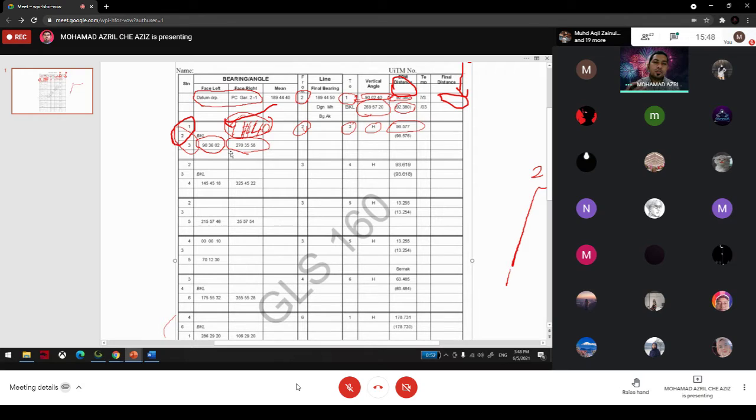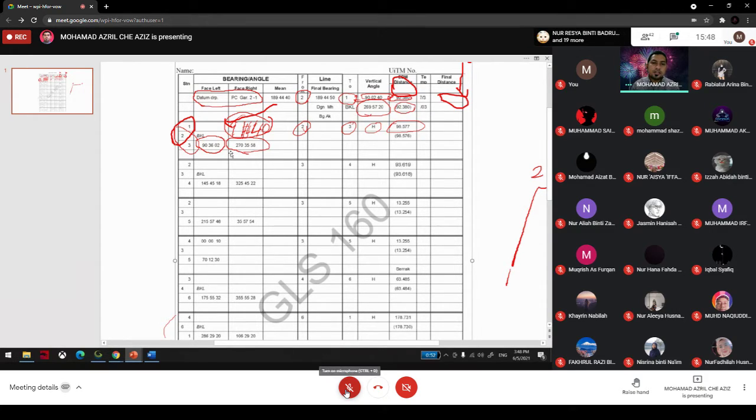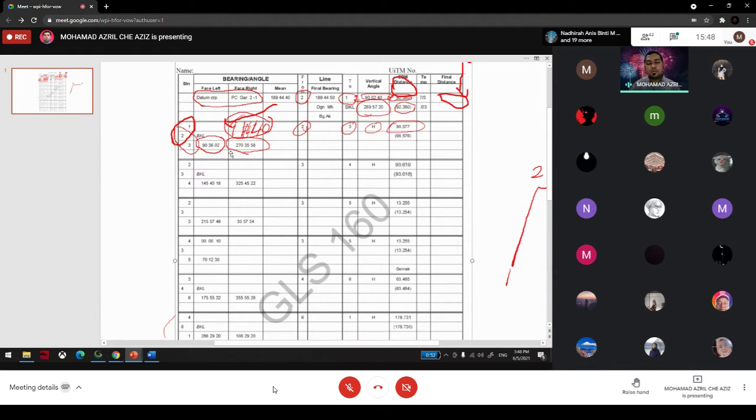Because you will not have only a few stations, but more stations, maybe 10 stations after this. So you need to imagine, if you want to make sure your traverse closes, other than the temporary adjustment, setting up your equipment and checking the optical plummet to your station target, another thing you need to check is your data in your field book.